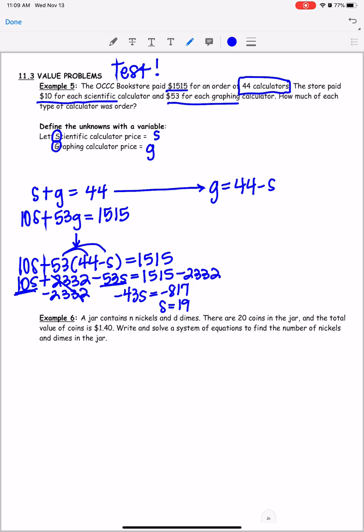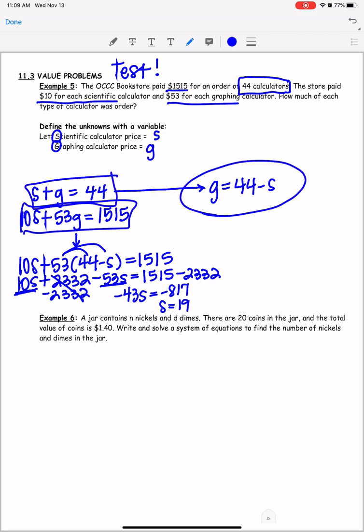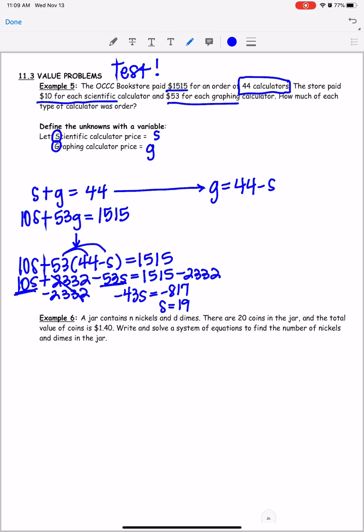So now that I have my S, plug it in. We can plug it into either equation, but I'm going to plug it into this one because it's already solved for G. So I have G equals 44 minus 19, to get G equals 25.